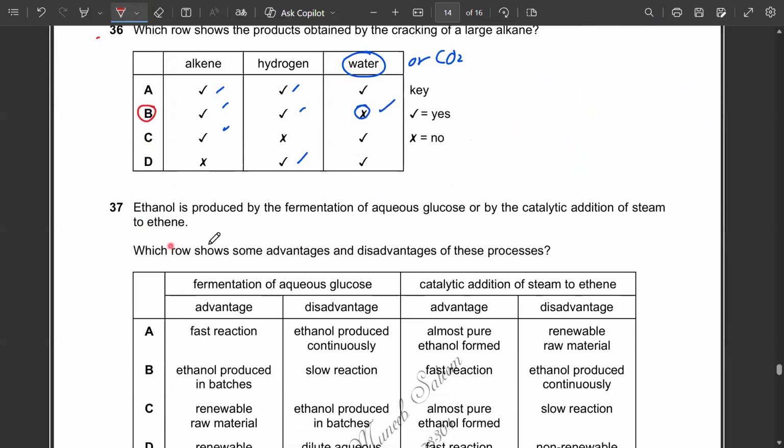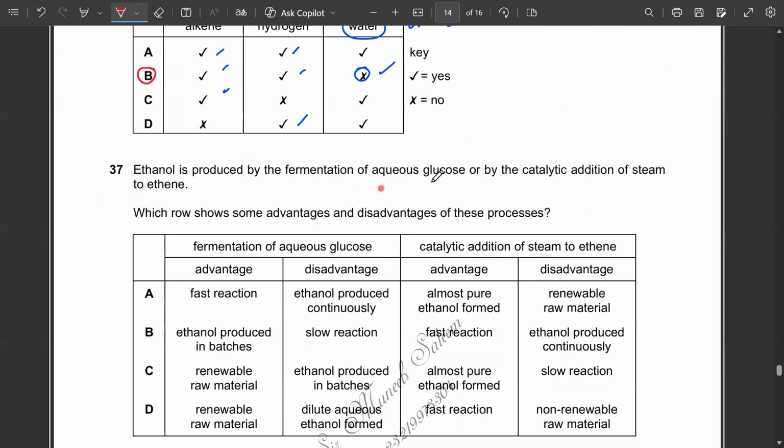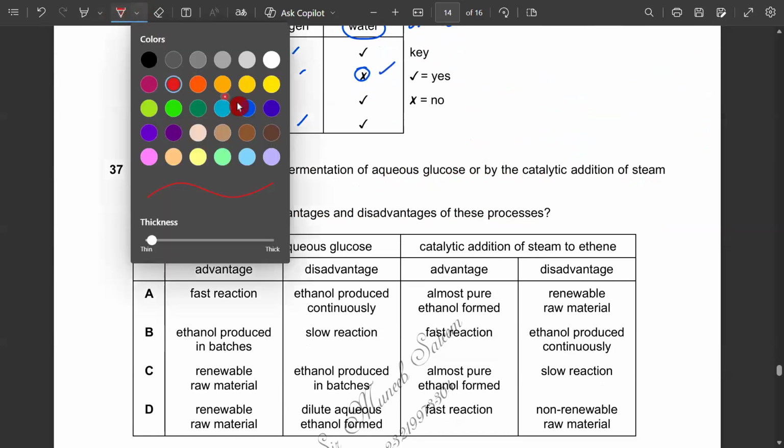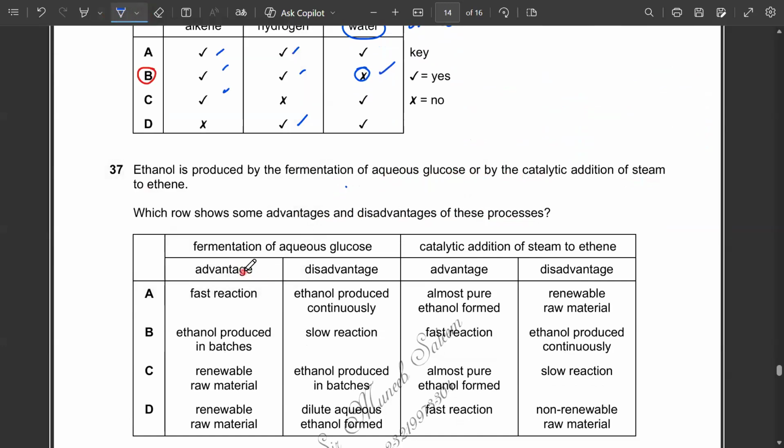Then 37, ethanol is produced by the fermentation of aqueous glucose or by the catalytic addition of steam to ethene. Which row shows some advantages and disadvantages of these processes? The advantages of fermentation: it is not a fast reaction, and renewable raw material is used, that is correct.